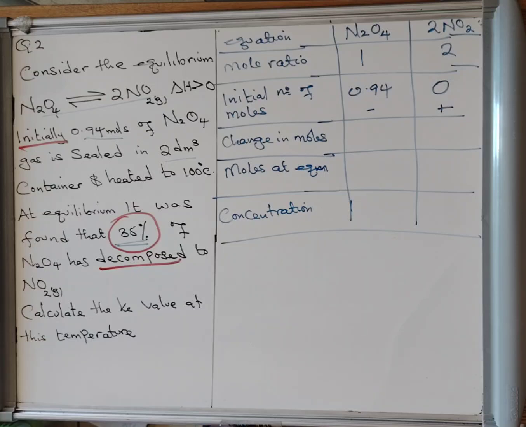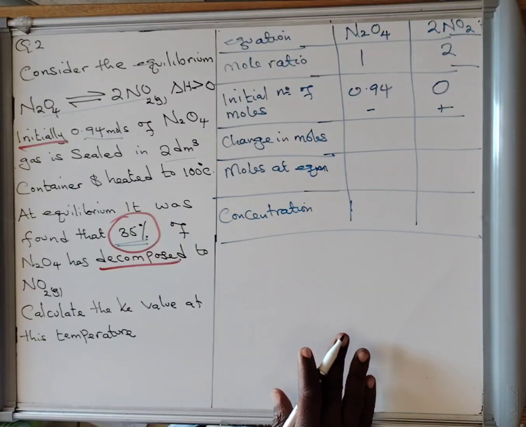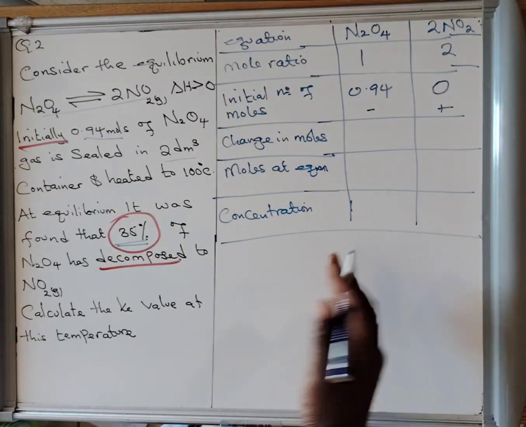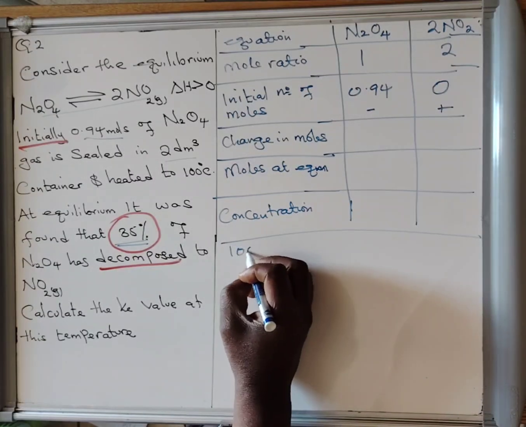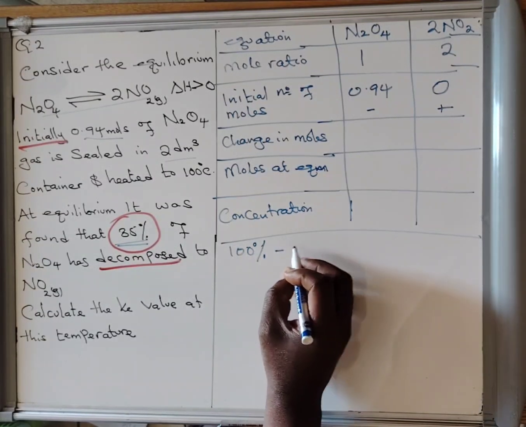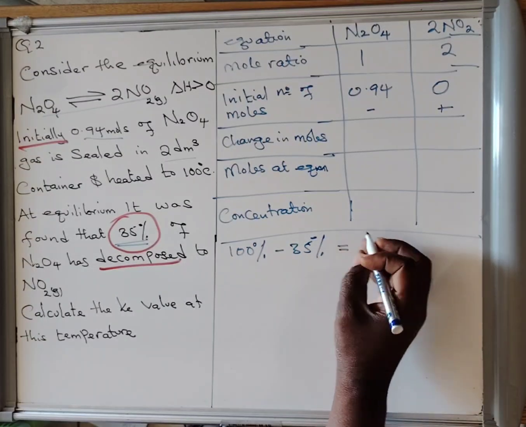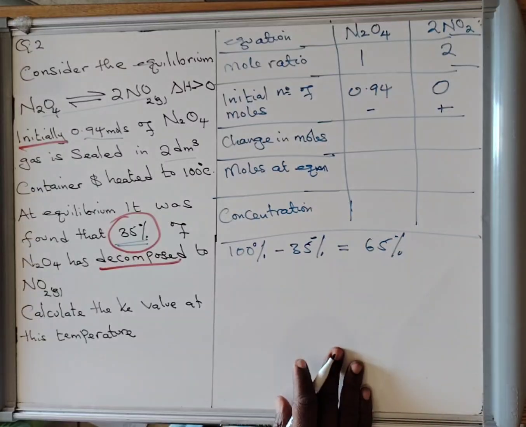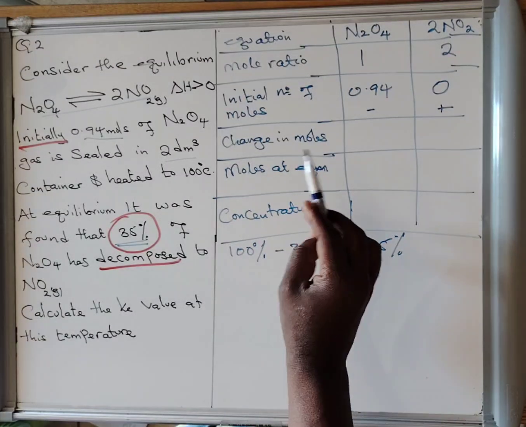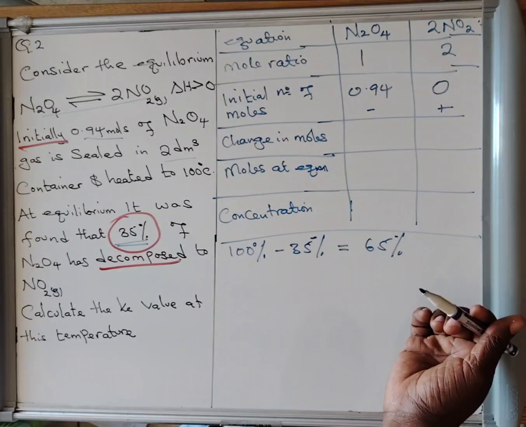The best approach for this one is to know how much remains at equilibrium, because initially if it was 100% and 35% decompose, what do you remain with? You remain with the 65%. So the number of moles at equilibrium is 65% of the initial.